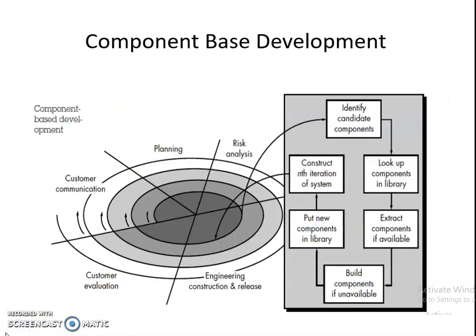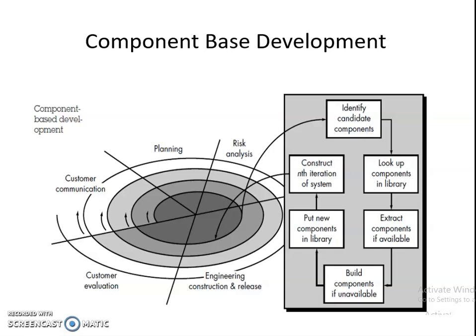Now first one is component based development. In component based development, customer communication, planning, risk analysis, engineering and construction of release, and customer evaluation activities are involved. The component based development model has many of the characteristics of the spiral model.